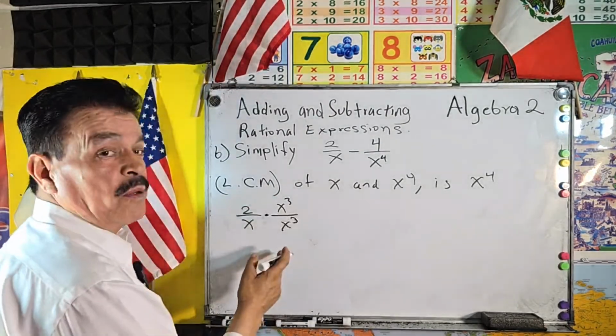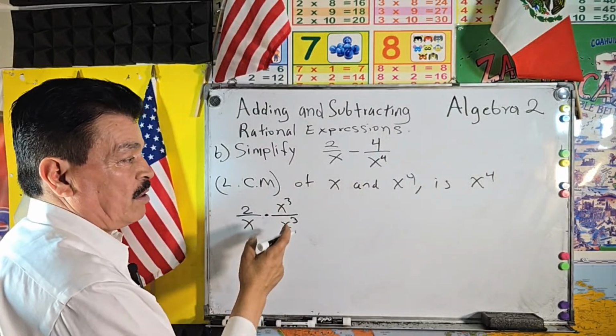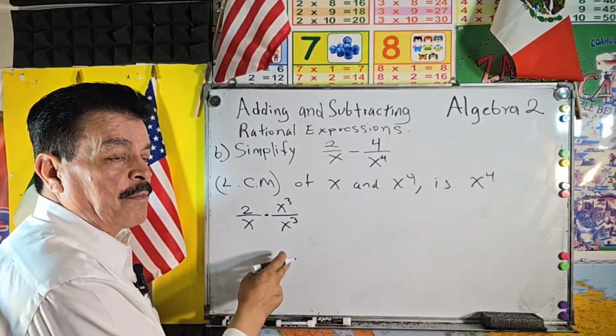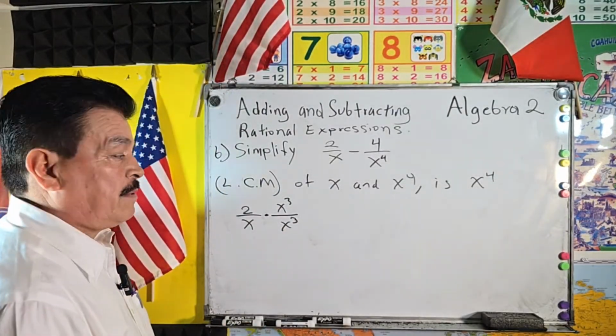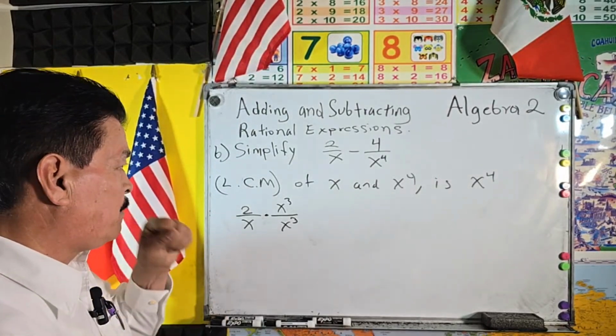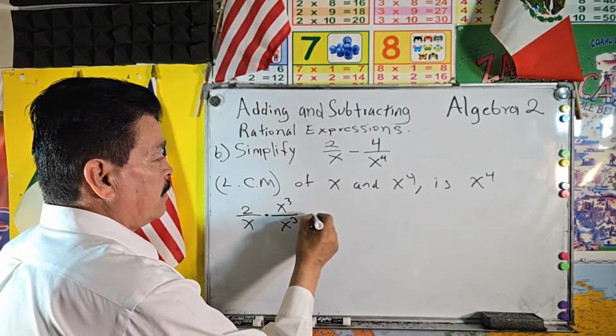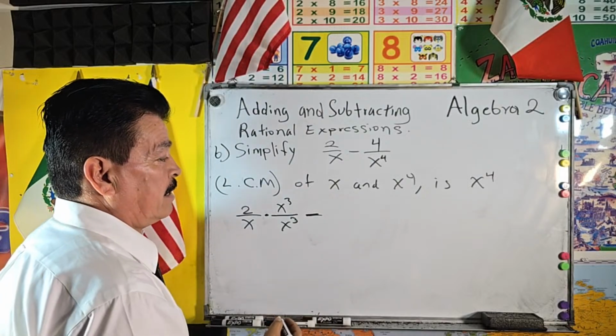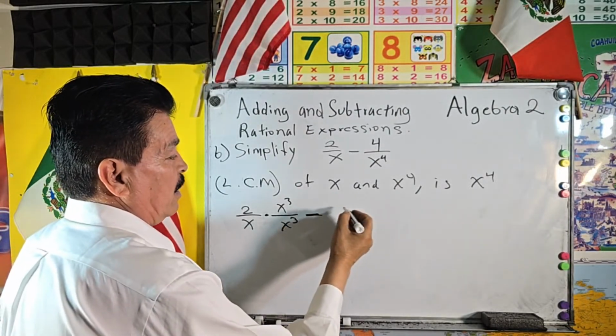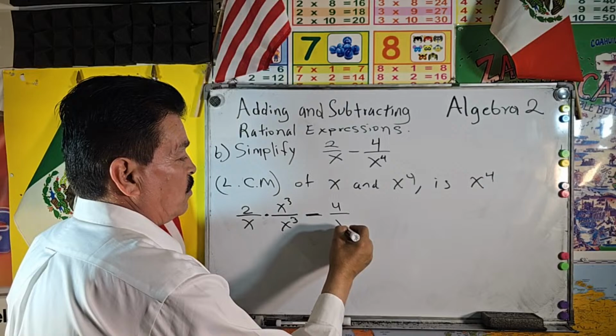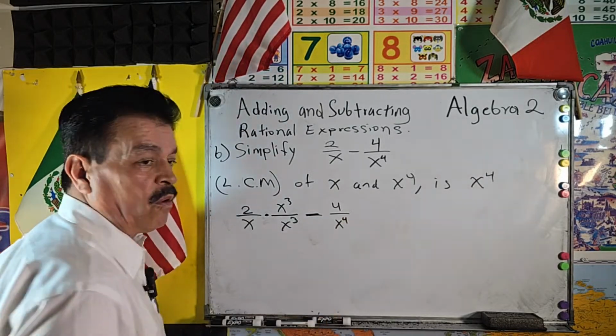So on top, write the same variable. Now minus, we don't have to do anything here, just 4 over x to the 4th power.